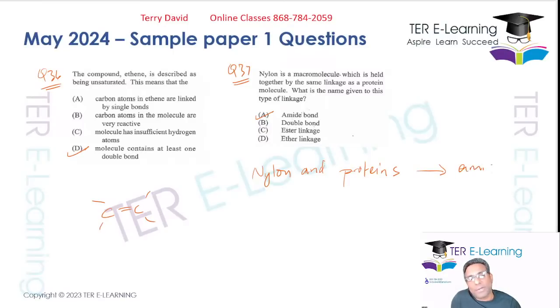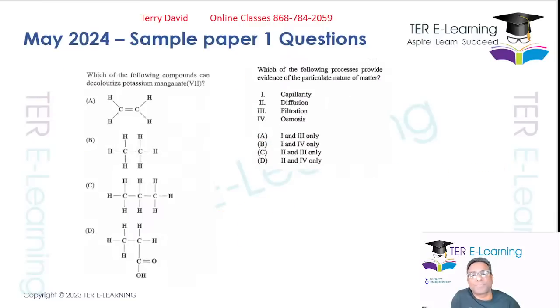The amide linkage looks like this. That's why nylon and protein are called a polyamide, right? So that's 37, that's 38, and this is 39, right?